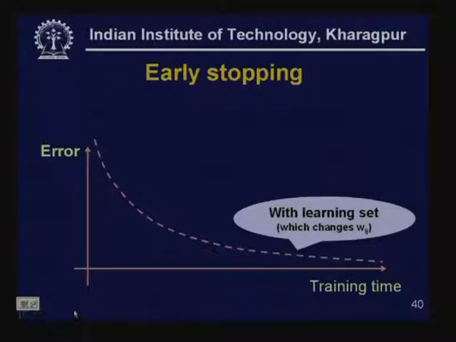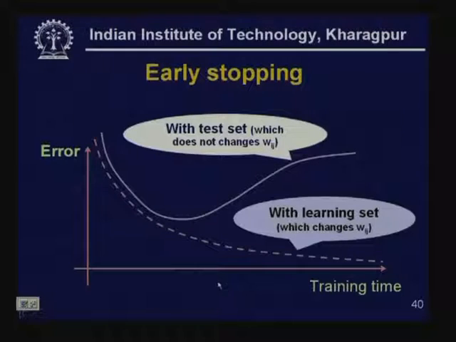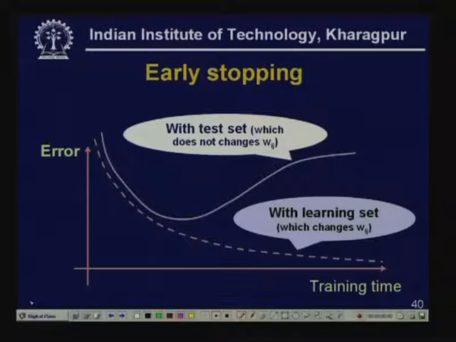However, as we noted when we looked at decision trees, if we look at new examples which we do not use for training, then with them the error curve may be different. For example, with the new example, usually error reduces for some time and then the error starts increasing, and this, as you know, is due to overfitting.